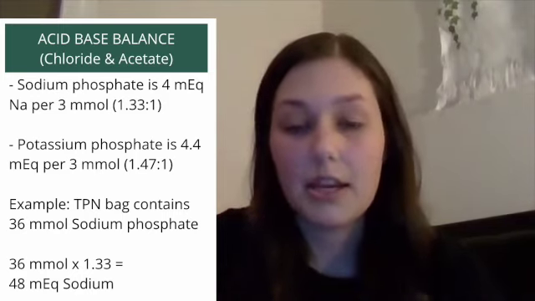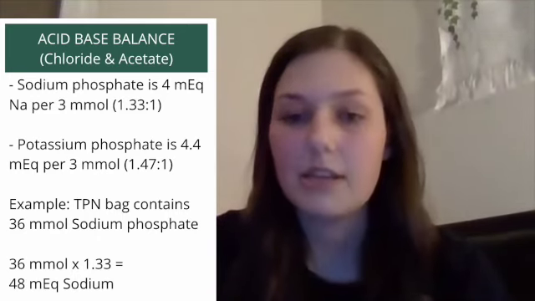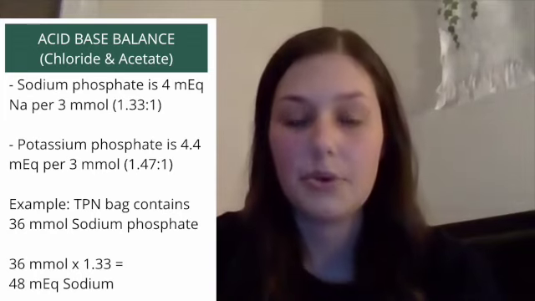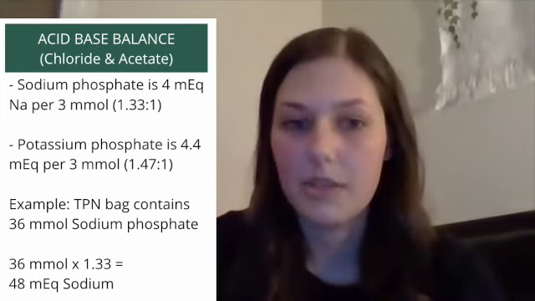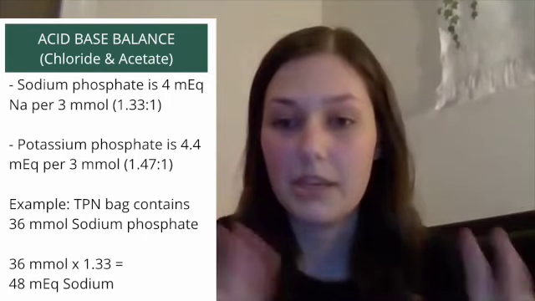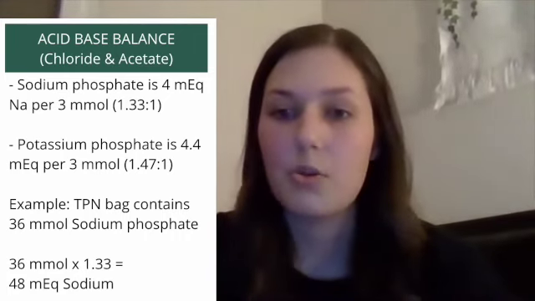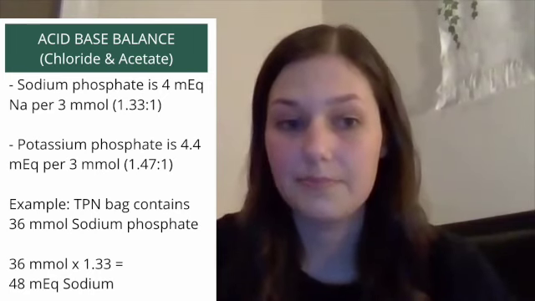The way that we got that number was taking 36, which is our millimoles of sodium phosphate, and multiplying by 1.33 because the sodium is in a 4:3 ratio to the sodium phosphate. So we've got 48 milliequivalents of sodium that are being used up essentially in our sodium phosphate so that we no longer have those available to bind either chloride or acetate.